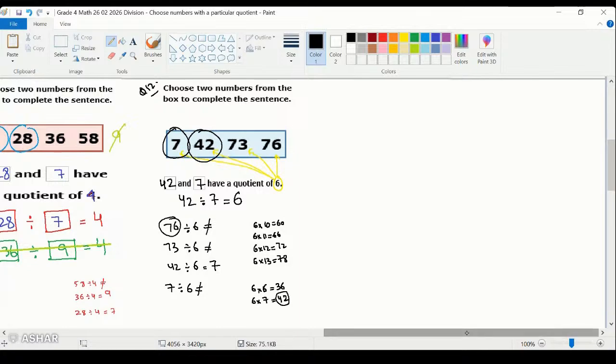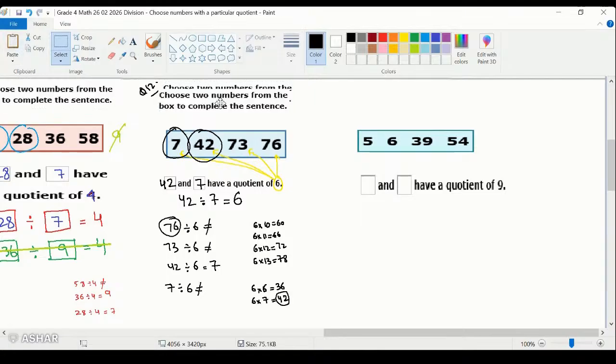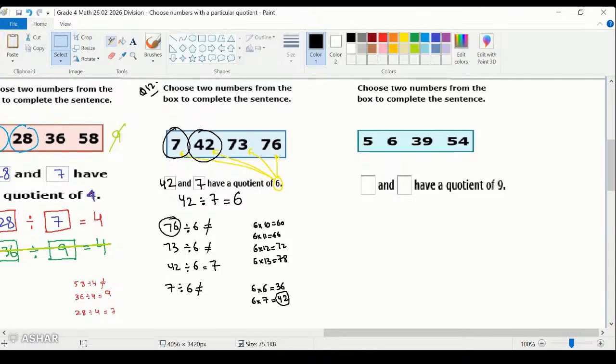They're asking us which two numbers have a quotient of 9. Choose the numbers so that they have a quotient of 9. This would be our question number 13.